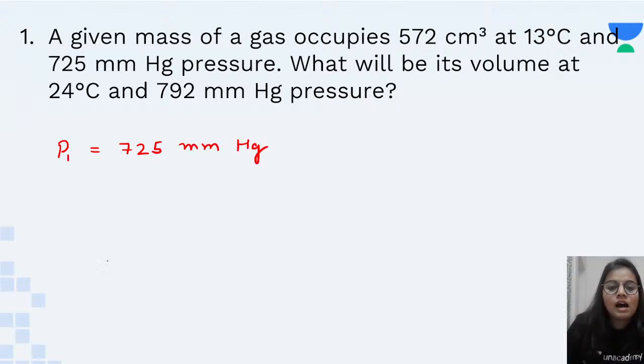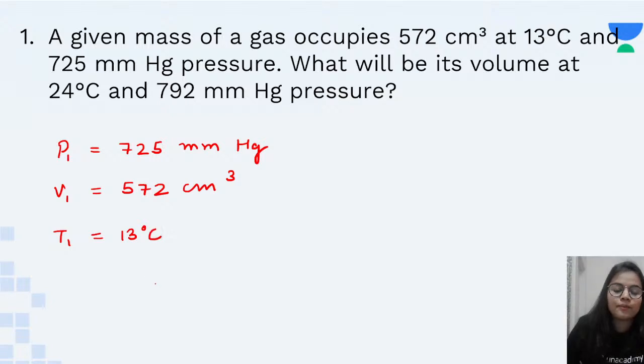After that, the volume is given in centimeter cube, that is V1, 572 centimeter cube. And what is the temperature given? T1 is 13 degrees Celsius.